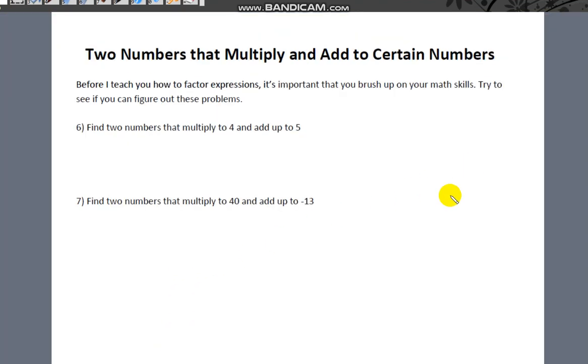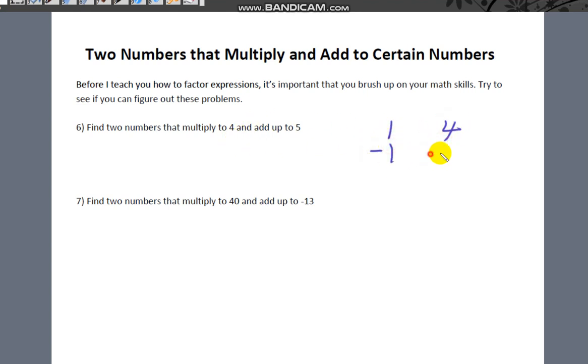Okay, so this next part. I'm not going to show you how to factor yet, but I want you to just get used to this. I want you to hopefully just brush up on your math skills. You have no idea how much I've seen students mess up on just understanding this. Anyway, it says find two numbers that multiply to 4 and add up to 5. If it helps, make a list. 1 times 4 is 4.